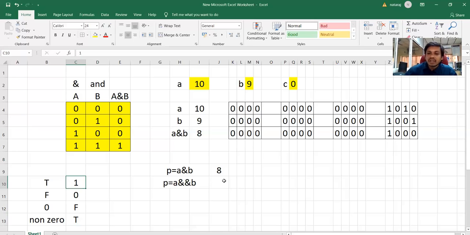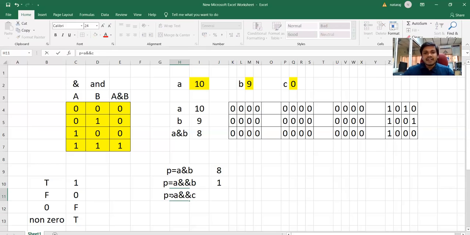So P will be holding 1. P value is 1 there. Now the next example, P equal to A and C. A is 10, 10 means non-zero, non-zero is true. C is 0, 0 means false. True and false is false. False means 0. So P is 0.